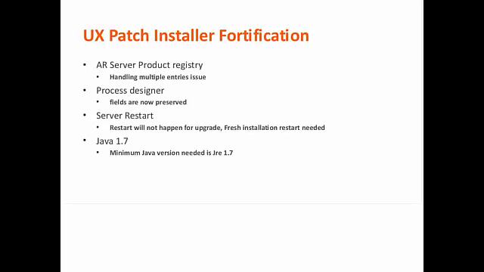On the same machine, if you are installing the user tool, then it will make another entry in the product registry.xml. While doing the UX patch installation, we check the product registry.xml for the AR server entry.